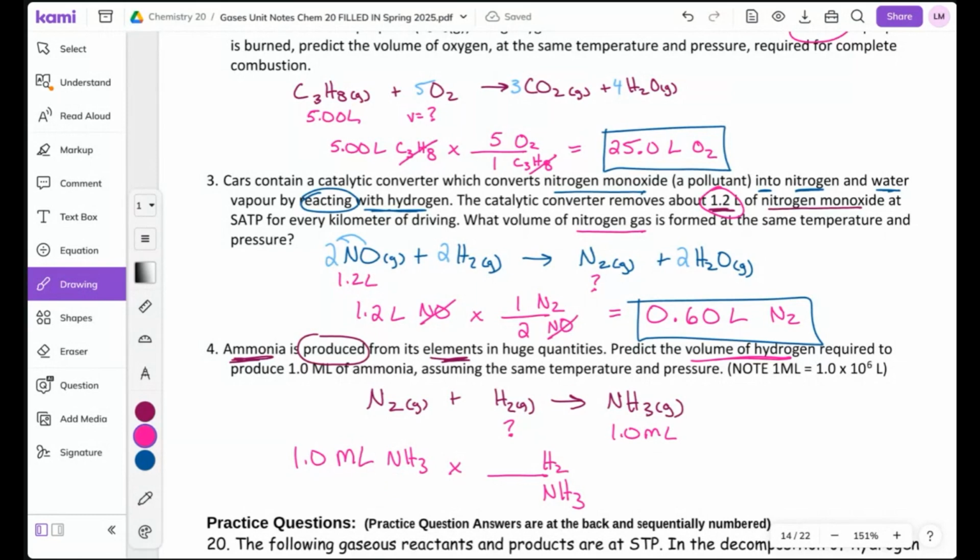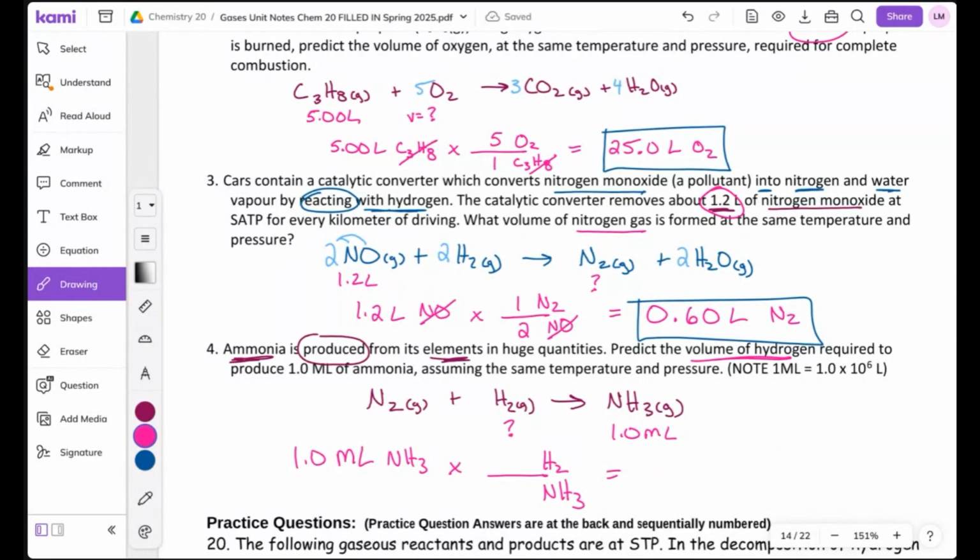Okay, so I jumped the gun a little bit with this question here because notice how all of my coefficients in my chemical reaction are just 1. Okay, so that's why, and students often make this mistake, they'll just go, oh, 1 over 1, it's 1 megaliter. Okay, but that's wrong.